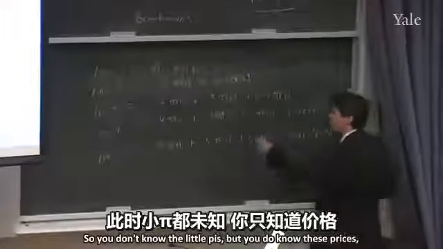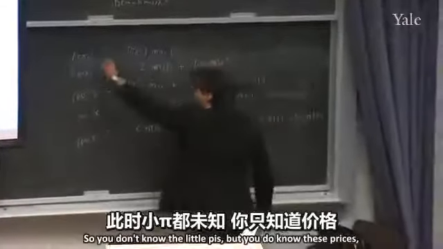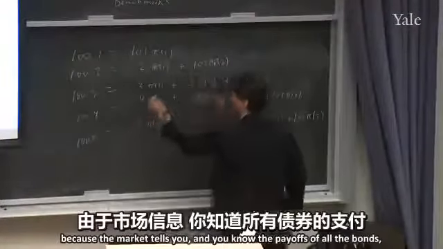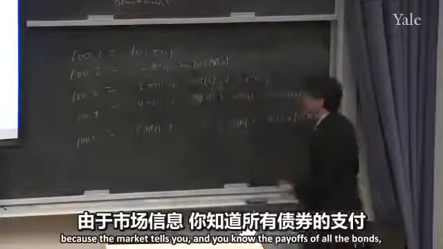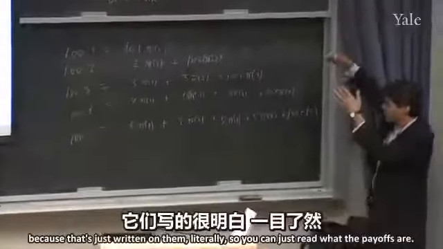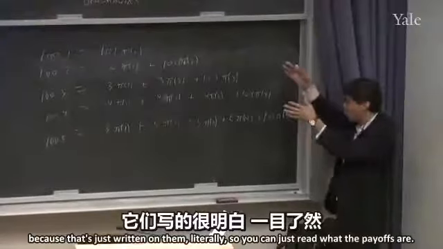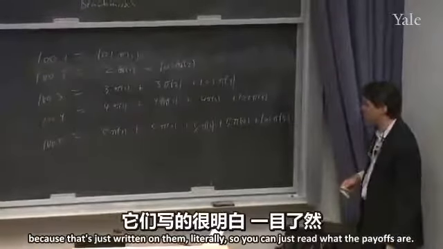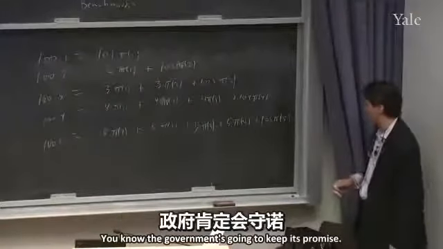So you don't know the little pi's, but you do know these prices because the market tells you, and you know the payoffs of all the bonds because that's written on them literally, so you can just read what the payoffs are, and you know the government's going to keep its promise.